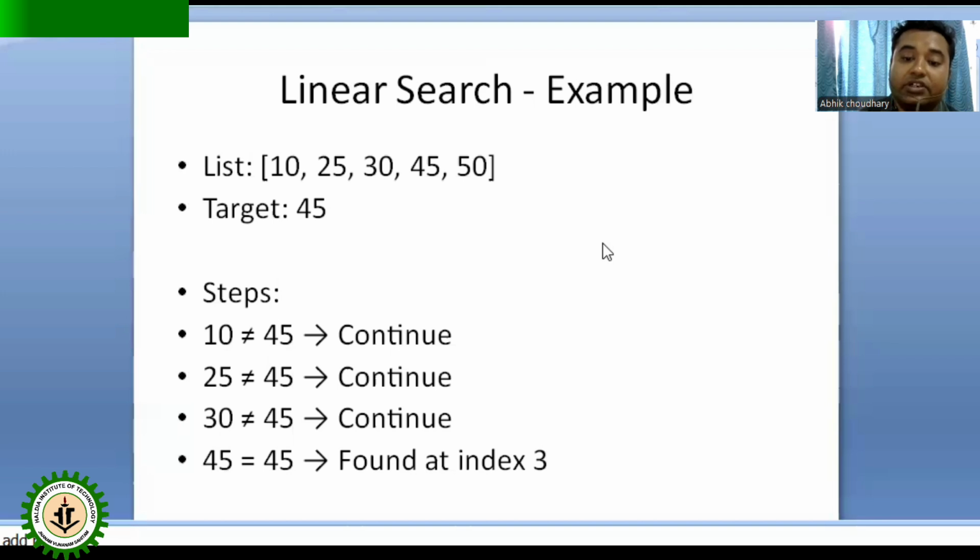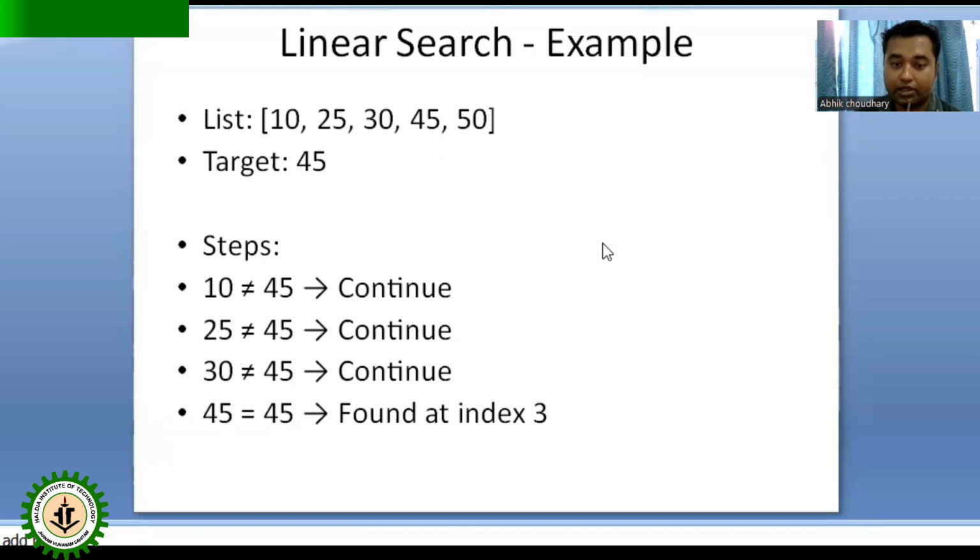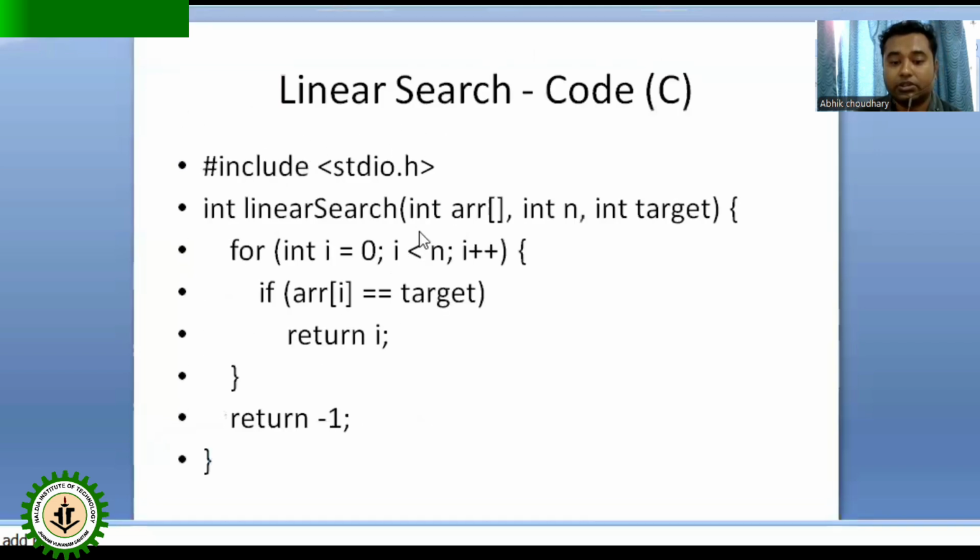That's why it is returning 3. If we want to print the position, then i plus 1 will print that position. Means i is equal to 3, then the position is 4. You can see the fourth position is 45.